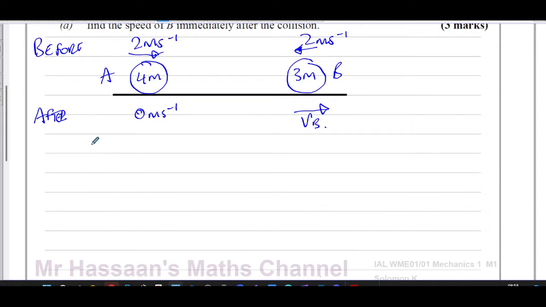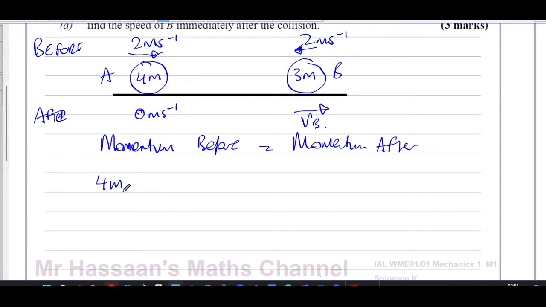So the total momentum before the collision of both particles and the total momentum after are going to be the same. The momentum before is 4m times 2, plus 3m times... now this is where you have to be careful about your sign.